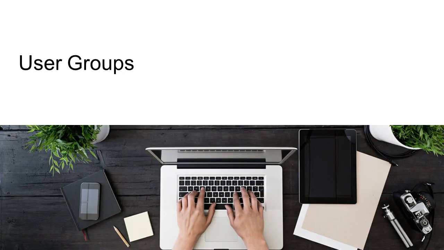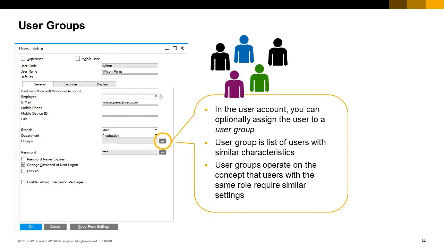Now let's look at user groups. In the user account you can optionally assign the user to a user group. Essentially, a user group is a list of users who share common requirements, for example, form settings or general authorizations. The idea is to assign common settings at the group level instead of to each individual user.